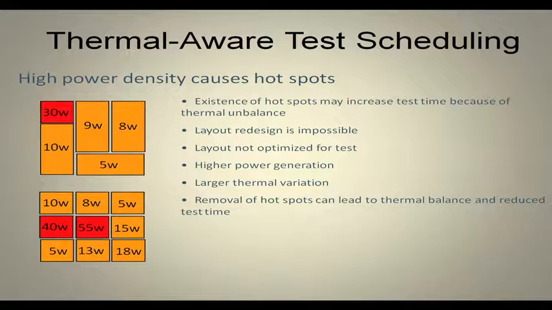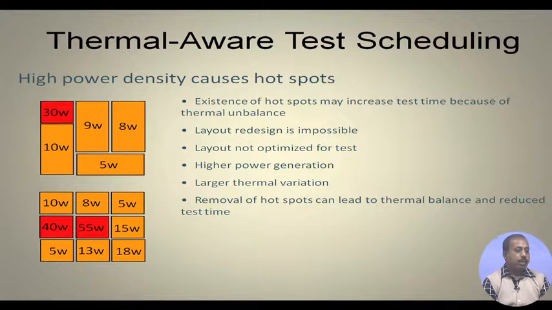But from the testing angle, we want to put modules which are not consuming a lot of power close together, because if two high power consuming modules are close, the power density of that region will go up. To avoid it, we may like to do a layout in a different fashion, but that is not possible for the test engineer.